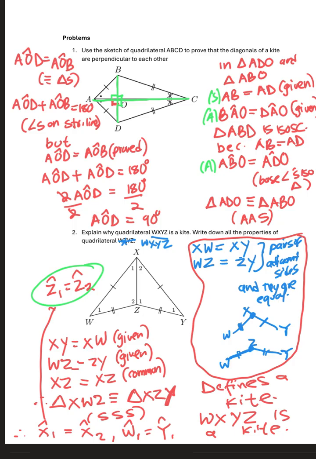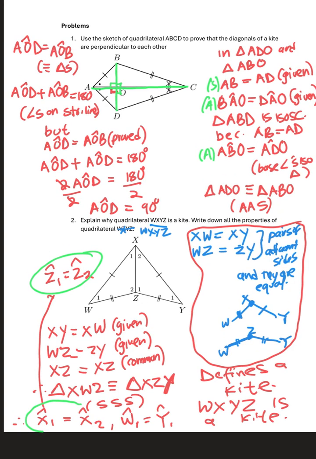And the reason why these angles are equal is because the two triangles are congruent. So remember, congruent means that the shapes are equal in measurement in all their sides and angles. So then these are the properties of the shape.